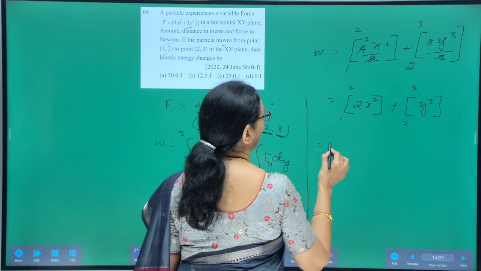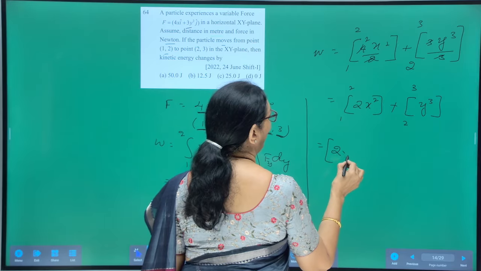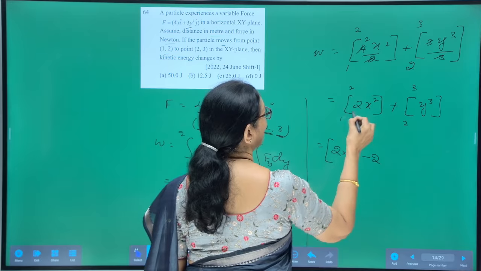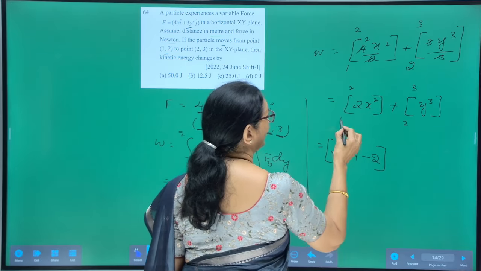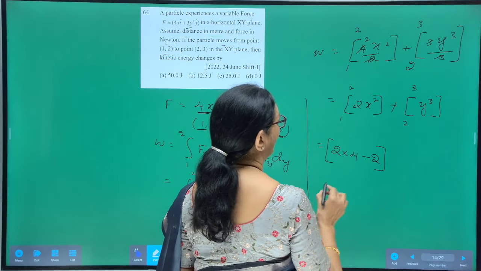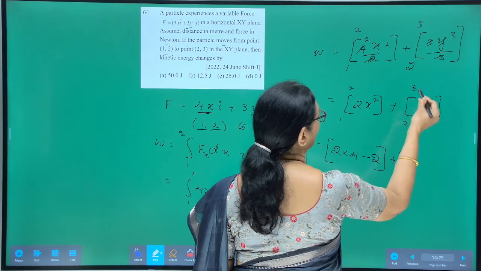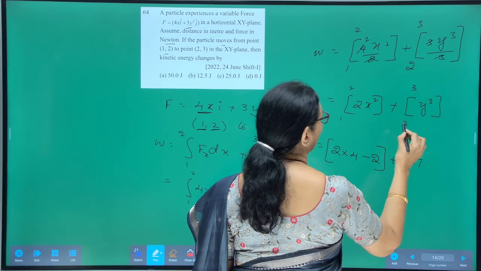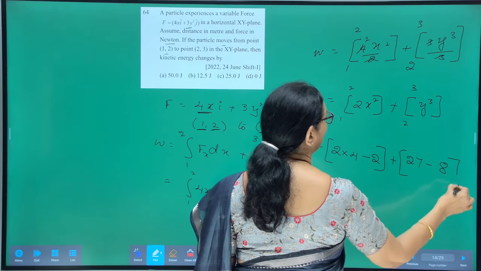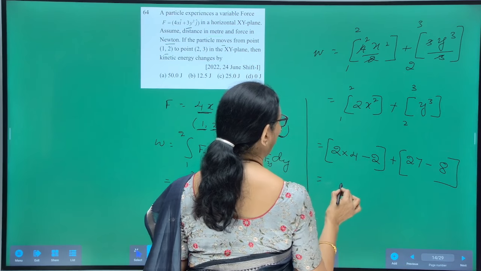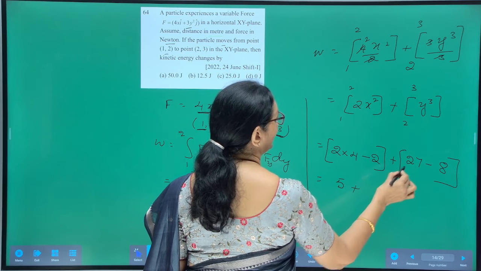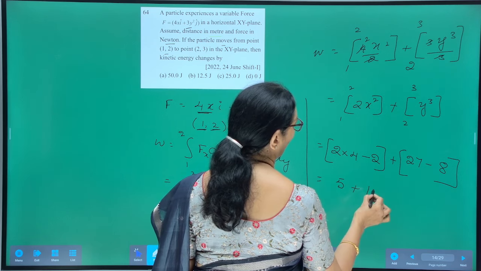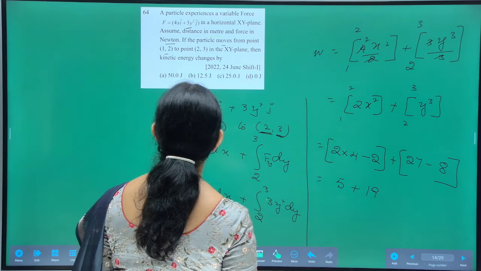So, it is 2 times 4 minus 2 times 1, which is just minus 2, plus the upper limit 3 cube is 27, 2 cube is 8. So, it is 8 minus 2, 5, 27 minus 8, it is 19.